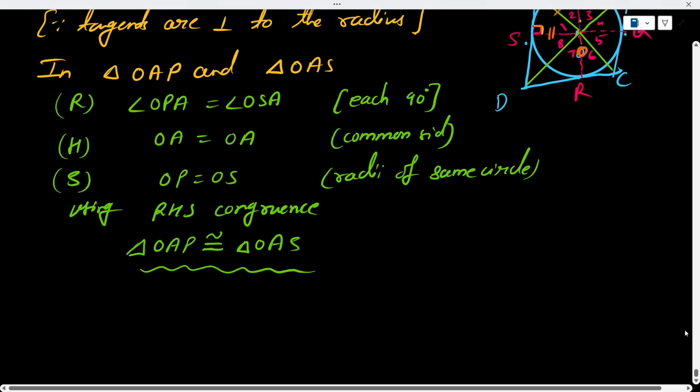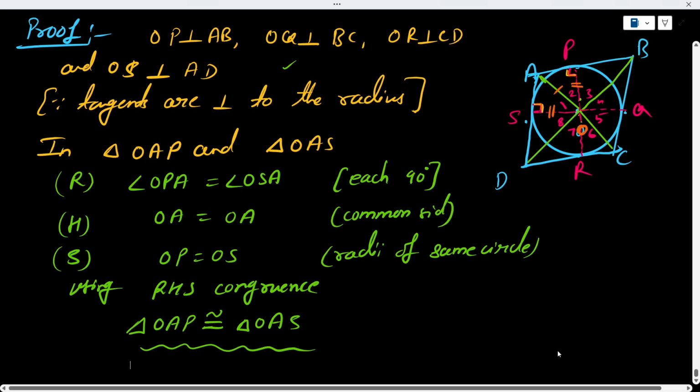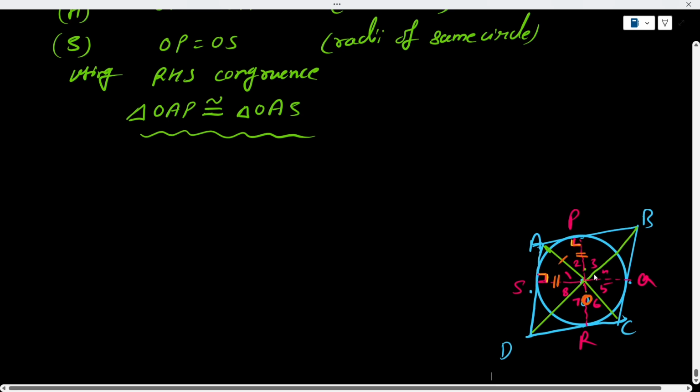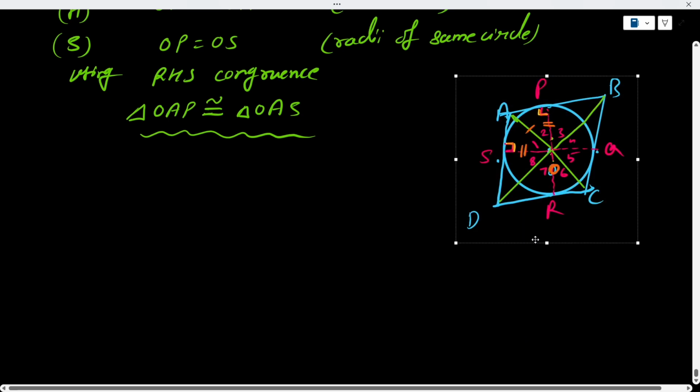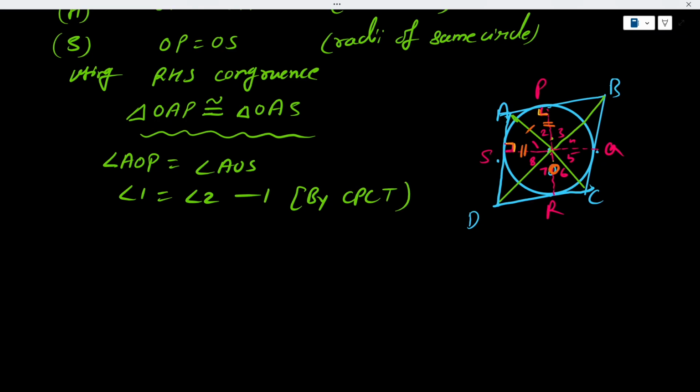Because now using CPCT, you can say that angle 1 is equal to angle 2, because corresponding angles of congruent triangles are equal. Angle AOP will be equal to angle AOS, which is nothing but angle 1 equals angle 2 by CPCT. So this is your number 1.